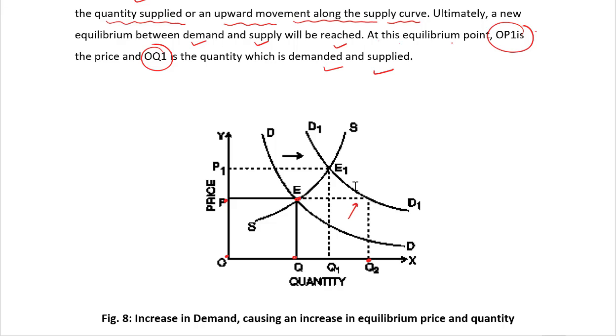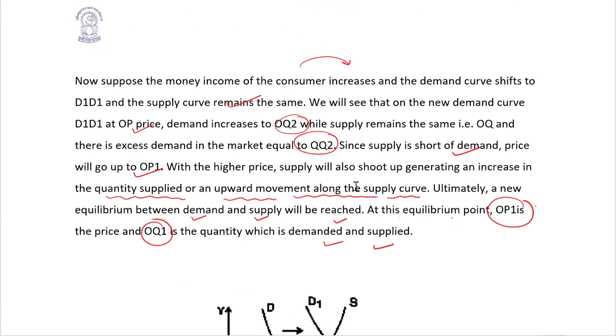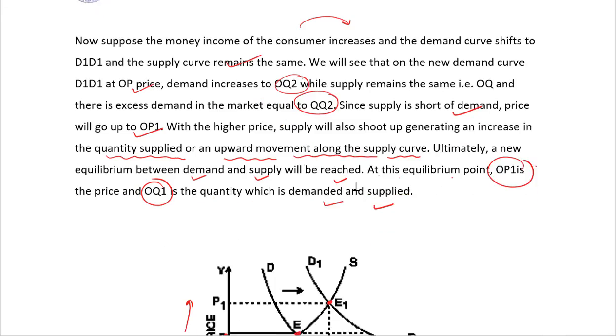Because there is more demand, the price will go up from OP to OP1. Because there is an increase in the price, the supply will also increase in the market, and now the new equilibrium is reached at point E1 at price P1, and the new equilibrium quantity is OQ1. I believe it is clear to all of you.